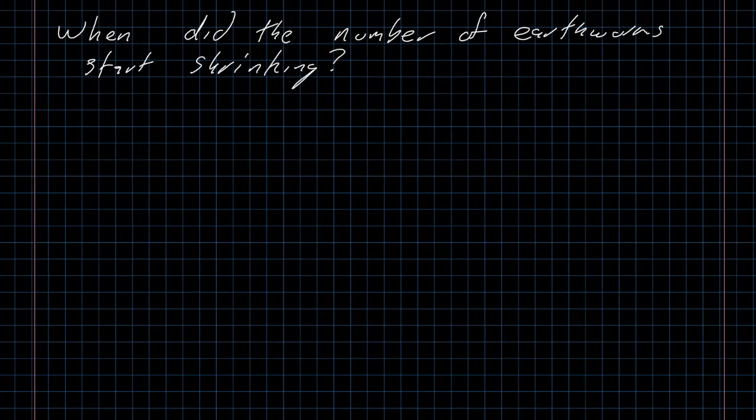Right? When did the number of earthworms start shrinking? We'll be talking a lot more about this sort of question a little bit later on in the course, but for right now, you know that the original model in this problem, n of t equals 7t minus 1/2 t squared, is quadratic.